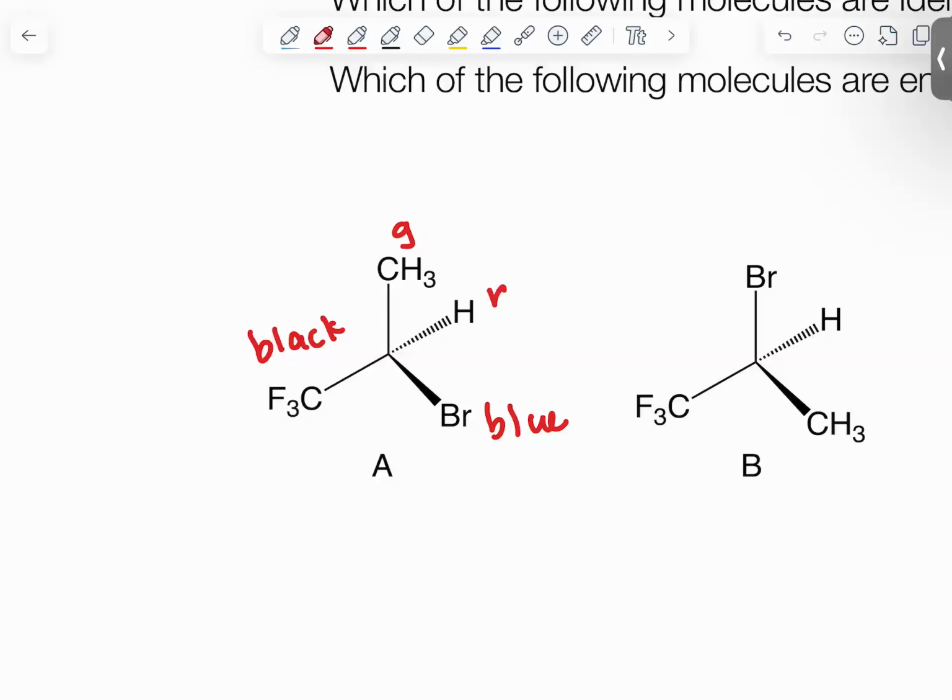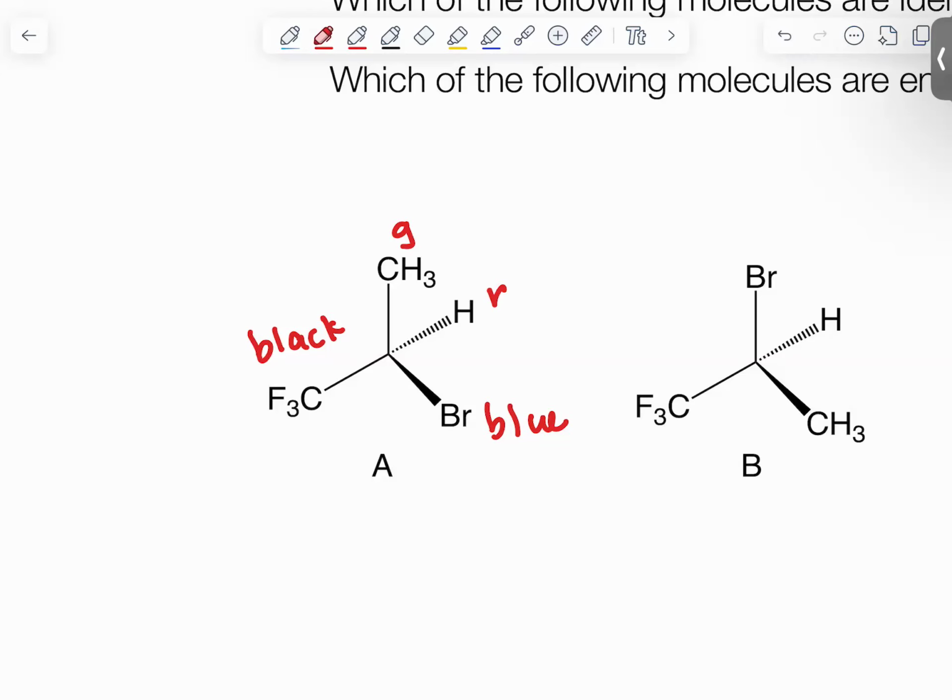Now, comparing A to B, CF3 stays in plane in both. So I'm going to hold on to that one. And then all I'm going to do is twist. So now this has the hydrogen in plane. We don't want the hydrogen in plane. We want the bromine in plane.